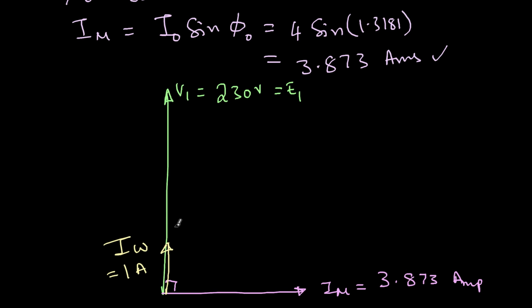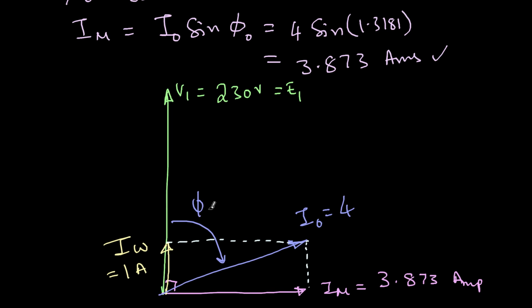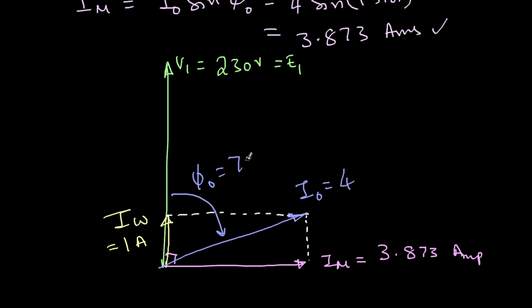This is 1 ampere. This is exactly in phase with V1. And then we have this vector addition, and then I get the current like this. This is I naught, and this I naught value is 4 amperes, and this angle phi naught we had calculated just now, that is 75.5 degrees. So this is the vector diagram of the transformer on no load with core losses.